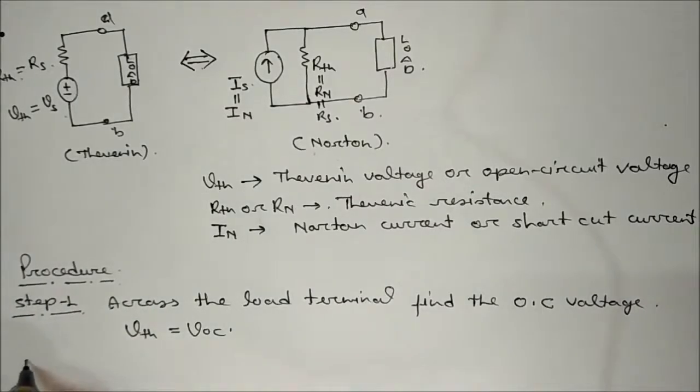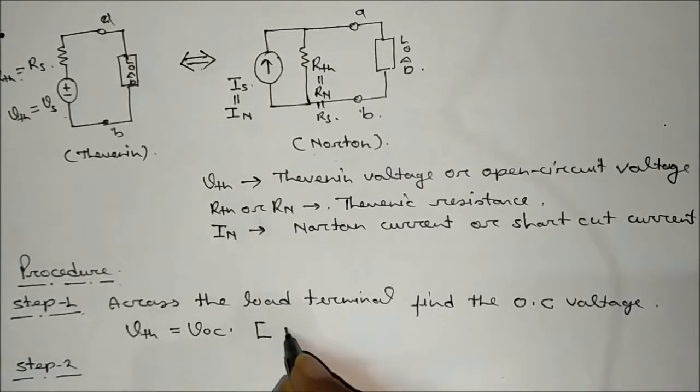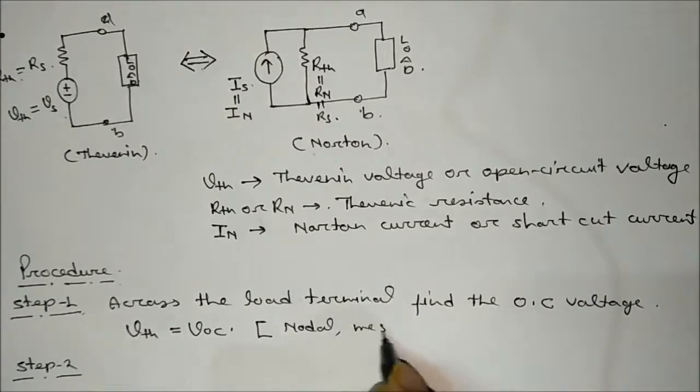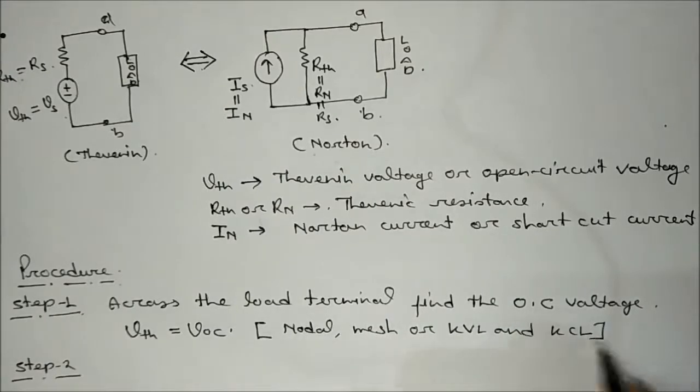Is it okay? How will you find this? You will basically use nodal, mesh, or KVL and KCL to get this voltage in the network.